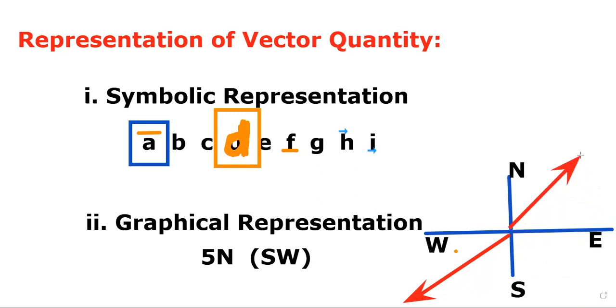So you can see this arrow is actually the discriminating element. This arrow actually discriminates between a vector and a non-vector quantity. Suppose here is simply a line. This line may be a scalar quantity, and this arrow-headed thing is a vector quantity. So this is how you differentiate between them.